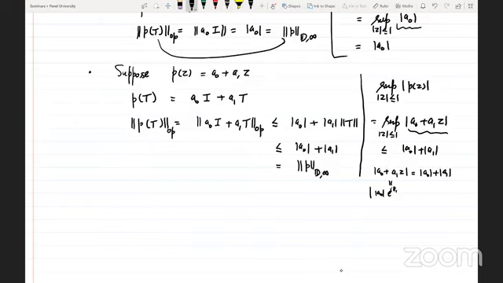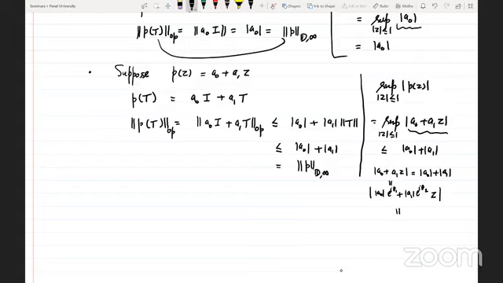Let me write A0 to be e raised to i theta 1, because any complex number can be written as r times e raised to i theta, right? So A0 is a complex number. I'm writing it as modulus of A0 times e raised to i theta 1, where theta 1 is basically the argument of A0. Similarly, I can write A1 to be mod A1 e raised to i theta 2, right? And this is your Z.